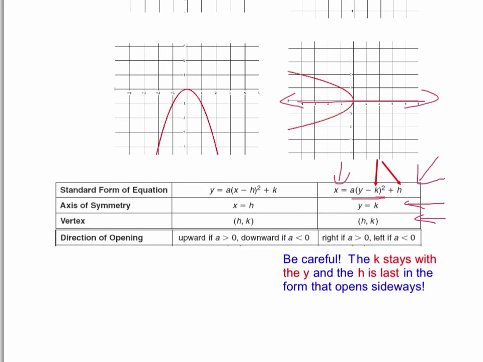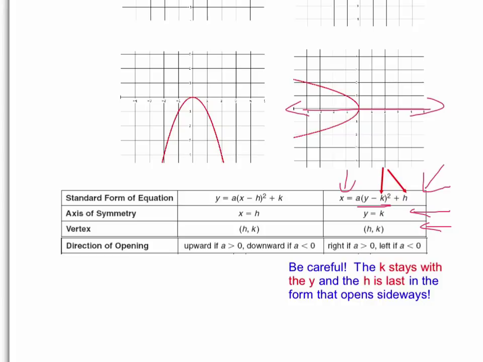The h comes last. The h is still the x-coordinate of the vertex, and the k is still the y-coordinate of the vertex. That part isn't reversed, but their position in the equation is reversed. If a is positive, the parabola will open to the right. If a is negative, the parabola will open to the left.